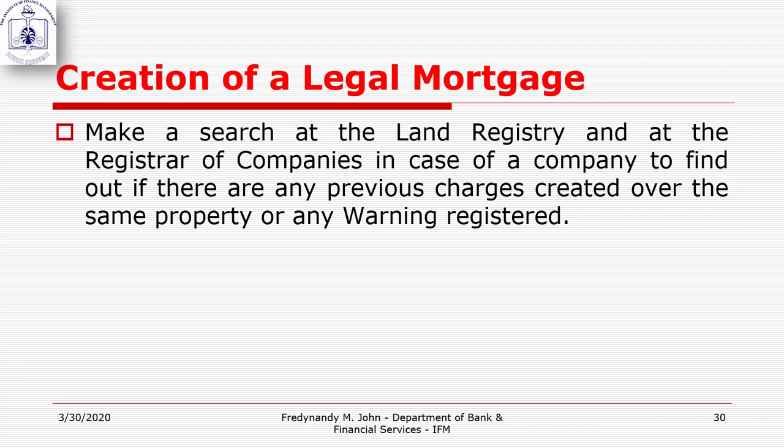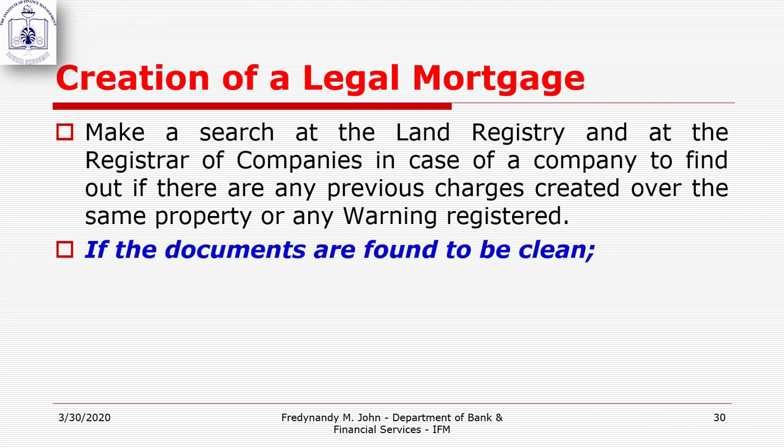Now, just to be sure that the mortgaged property was never charged somewhere else, it is very important for the banker to make a search at the land registry and at the registrar of companies to be satisfied that indeed the documents are legit and also there is no other charge somewhere else.